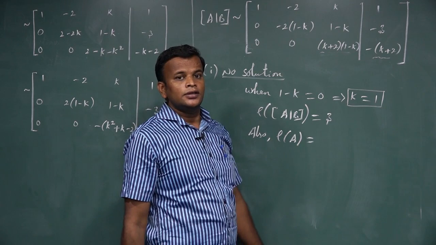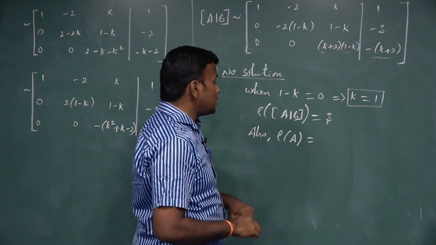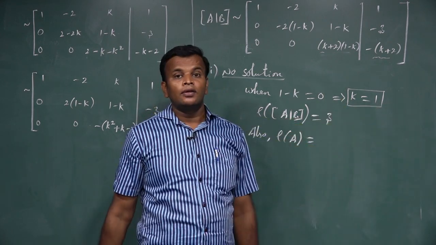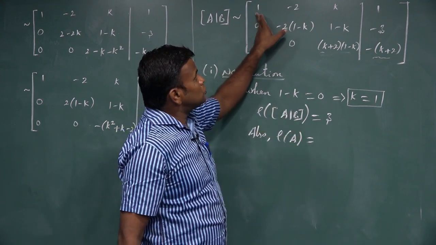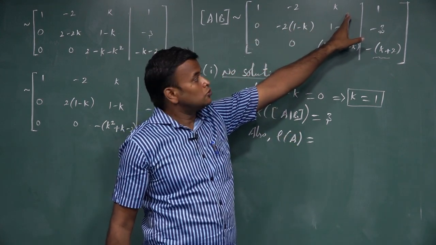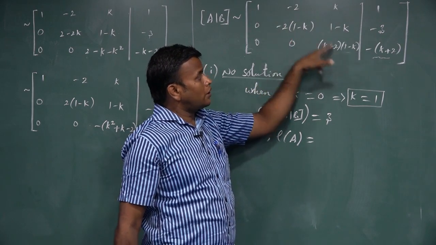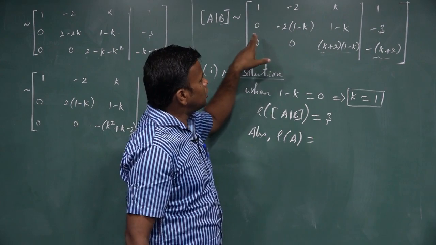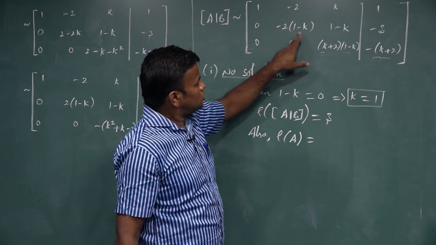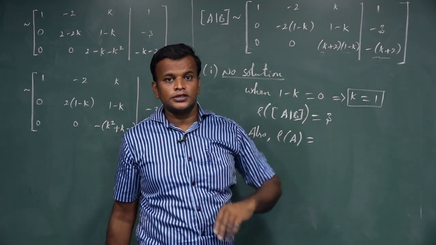Do you identify? We replace the value of k by 1. Whenever k is there, we replace k by 1. First one non-zero, so we consider these 3 rows, 3 columns only. 1, minus 2, 1. Second one, 0, 0, 0. Second row fully vanished.